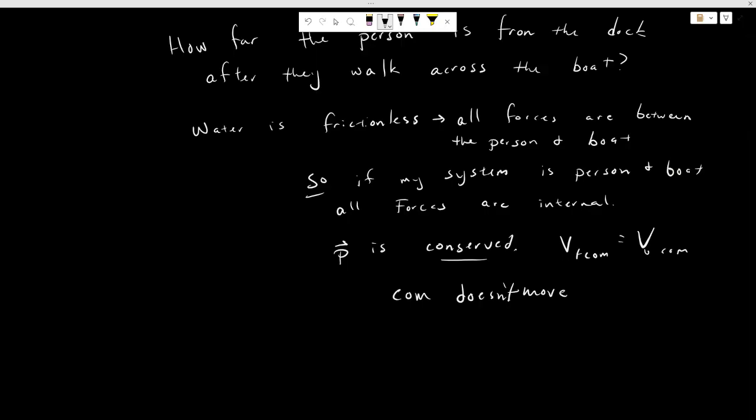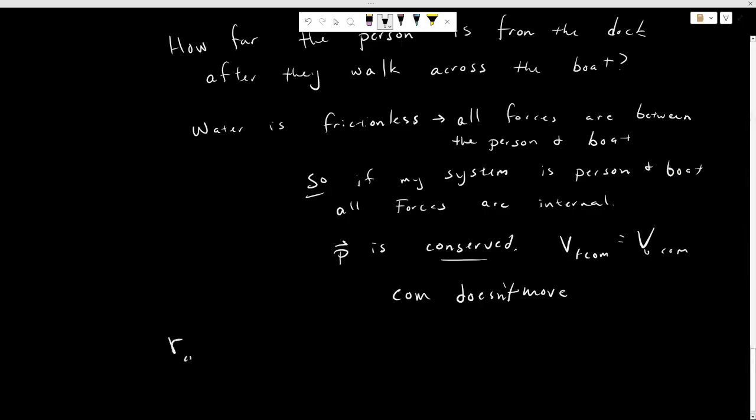So if I can figure out where the center of mass is, I can figure out that that center of mass needs to stay at the same location for the beginning and the end of the problem because momentum is conserved and the object isn't moving at the beginning.